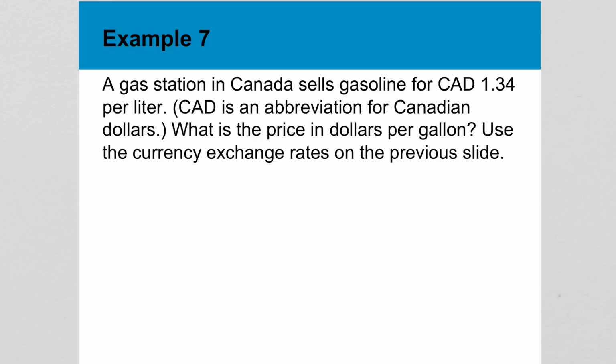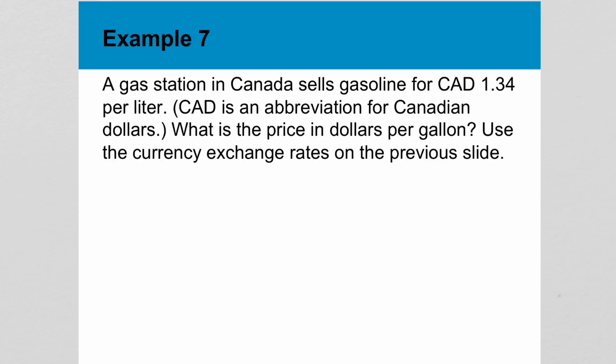So example 7 says, a gas station in Canada sells gasoline for 1.34 Canadian dollars per liter. What is the price in dollars per gallon? American dollars per gallon, that is. Use the currency exchange rates on the previous slide.